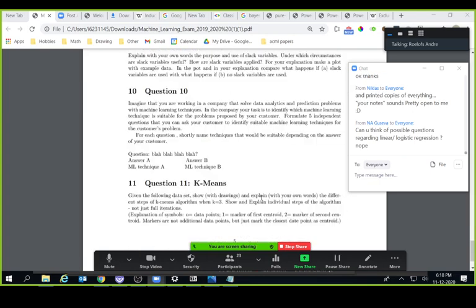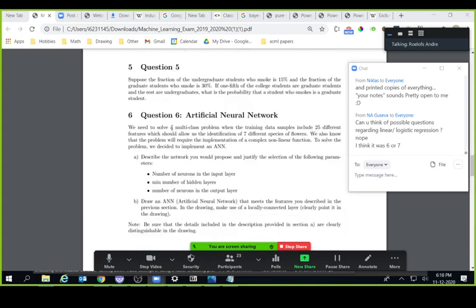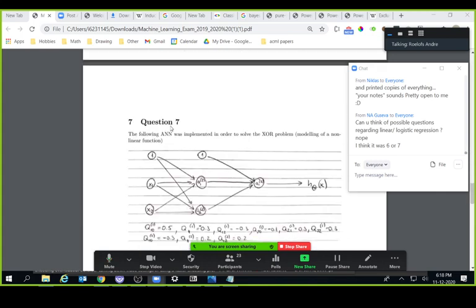No, okay. So, can you think of possible questions regarding linear and logistic regression? Where do you use one and where do you use the other? I think it was 6 or 7. 6, artificial neural network, and 7 was also artificial neural network.